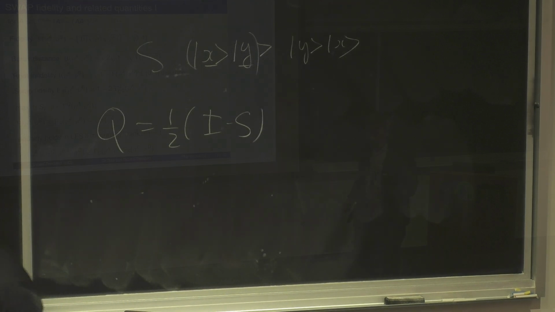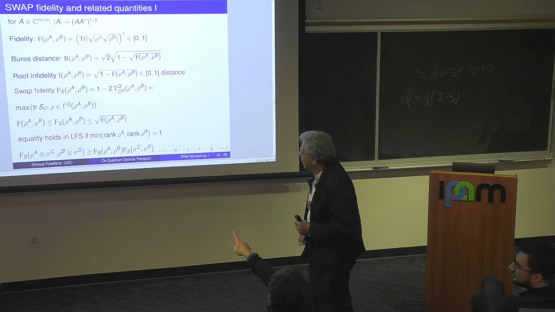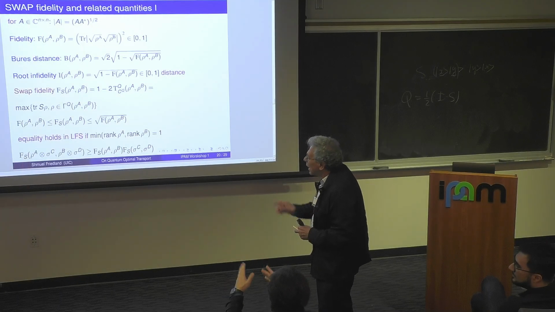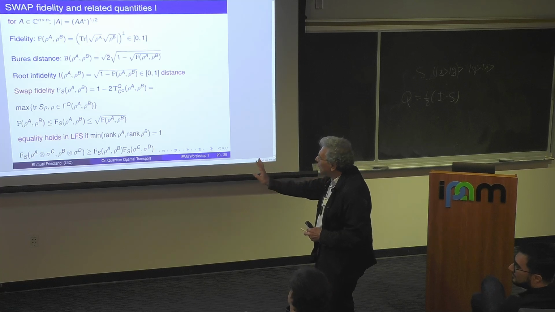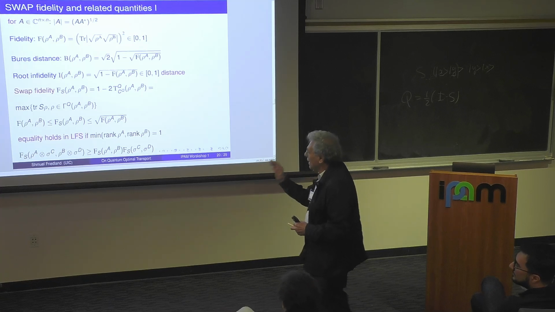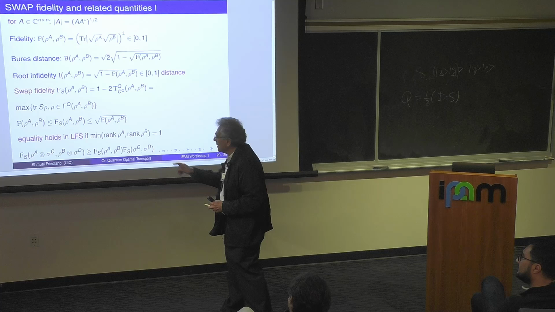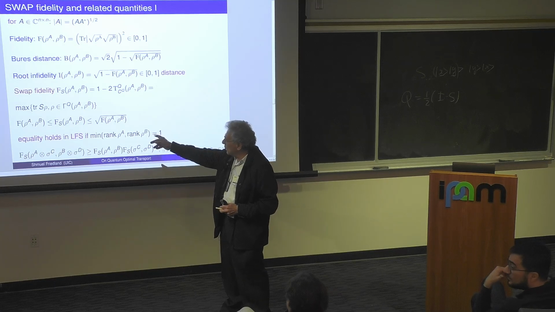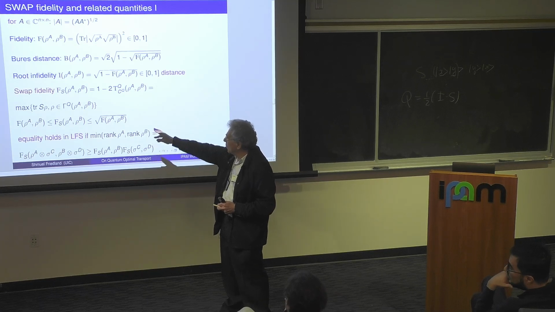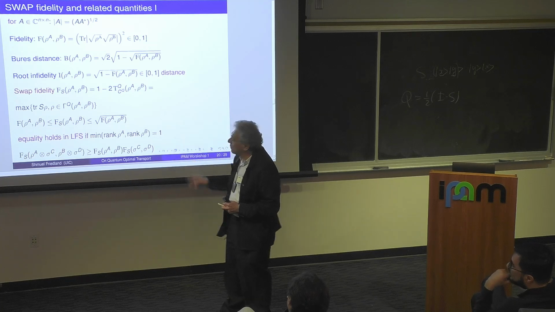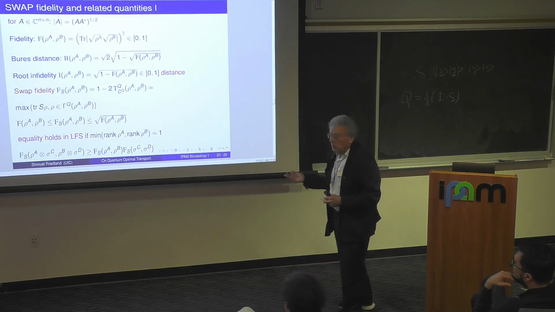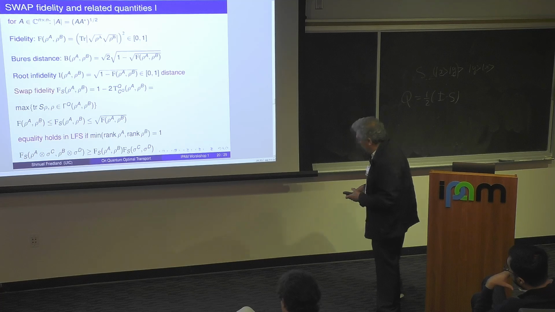I'm sorry, I got confused. So F is not the distance, F is just the fidelity, and F_S is the fidelity that we introduce with respect to swap. So this one is actually 1 minus 2 times the quantum multiple swap. Now it's clear? Okay, thank you.